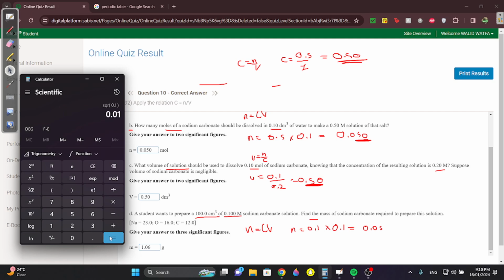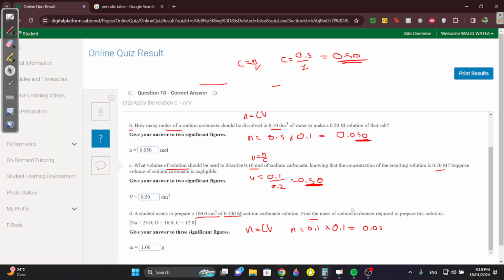Actually 0.1 times 0.1, it's not 0.05. I don't know how I got 0.05. It's 0.01.